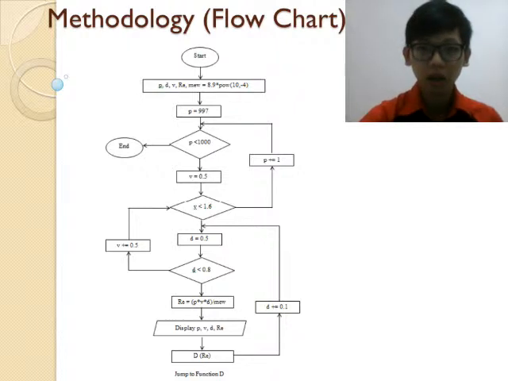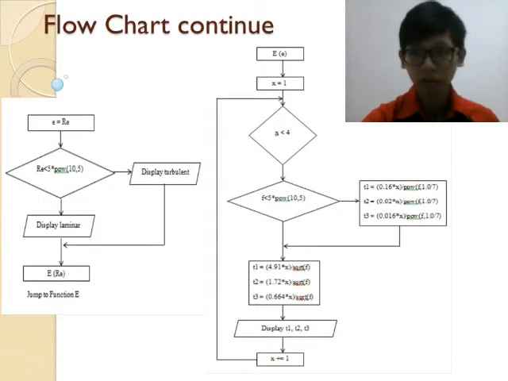Then we enter the for loops. There are a total of 3 for loops in this flowchart. Then after that we jump to the next function. Then we have a separate flowchart, and after finishing function D, we jump to function E.